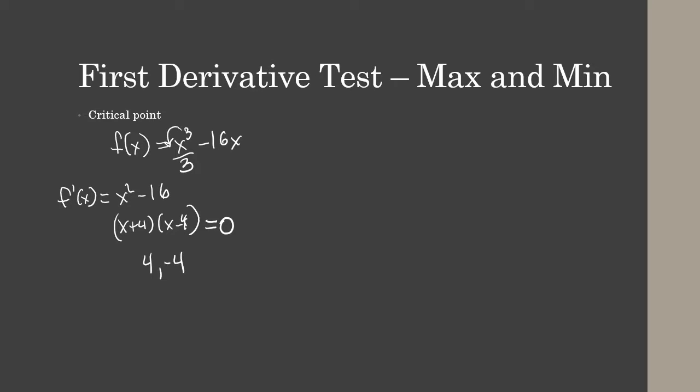So we're going to set up our number line for negative 4 and then positive 4. And we're going to do tests along this line to see what happens. Now remember that our derivative is x plus 4 times x minus 4. Sometimes it's easier to leave it in factored form, and so that's what we're going to look at today.